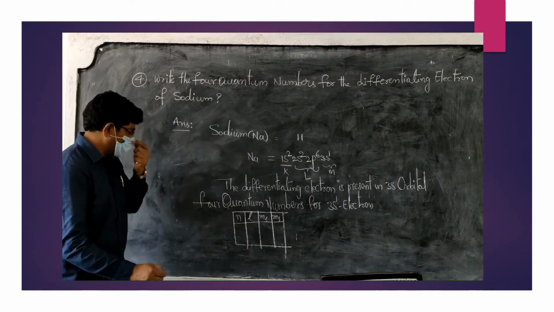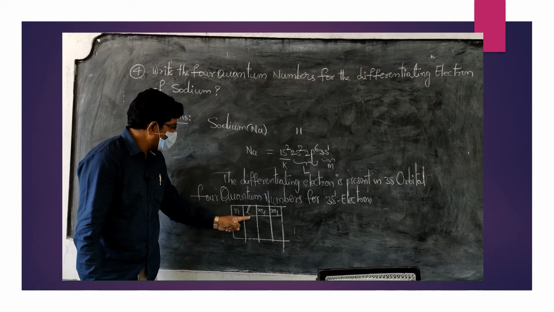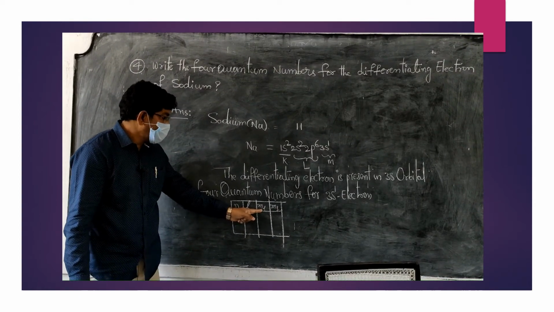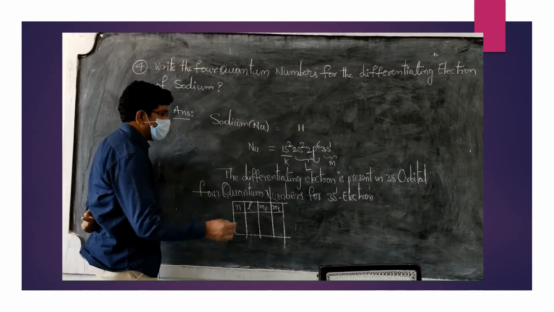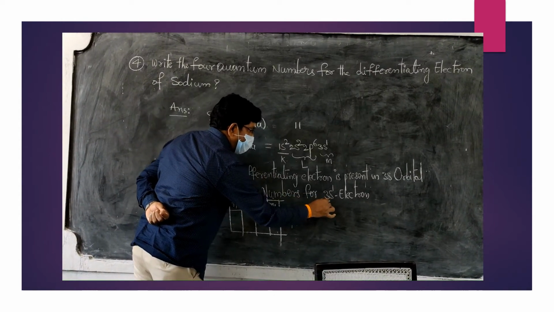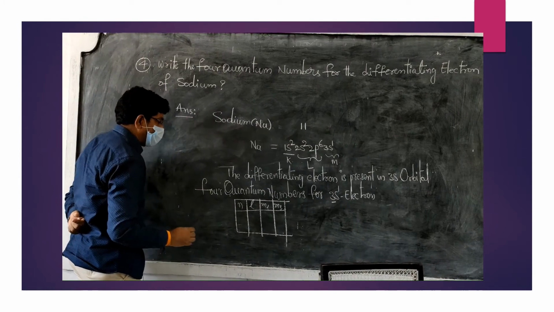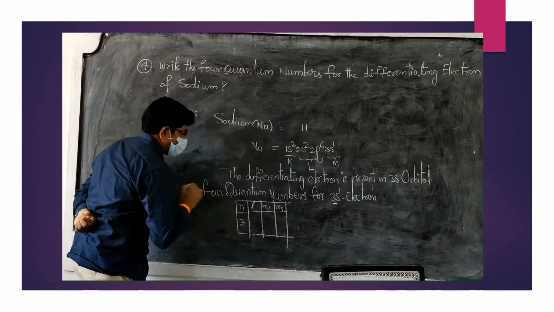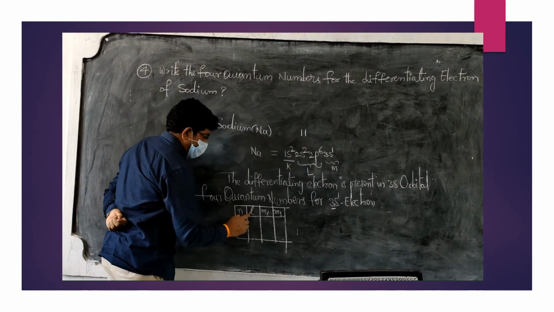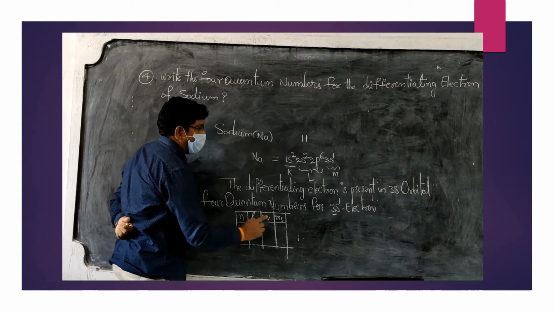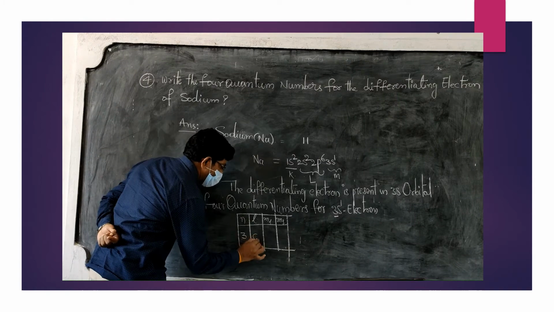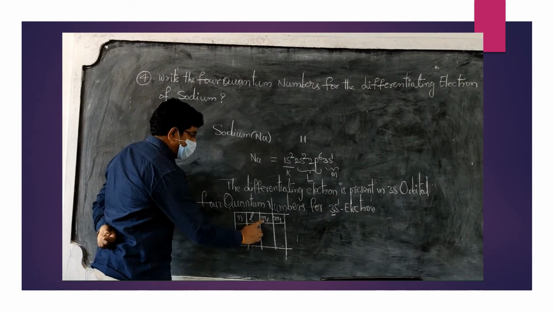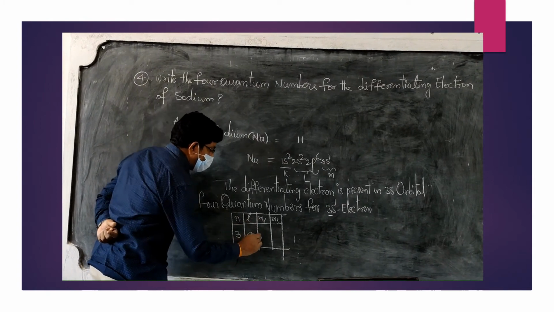Now see this, what is the value of n here? Principal quantum number 3. The angular momentum quantum number of an s orbital is how much? 0. Very good. Next, the magnetic quantum number is also 0.